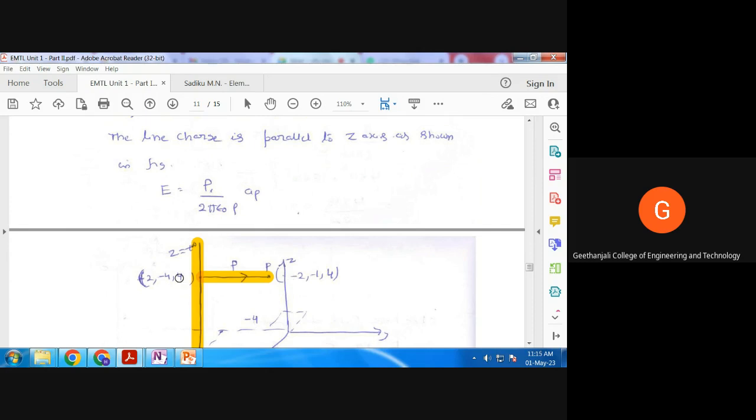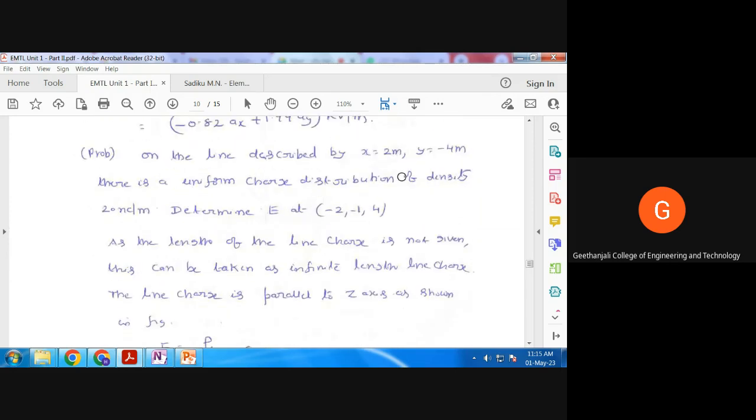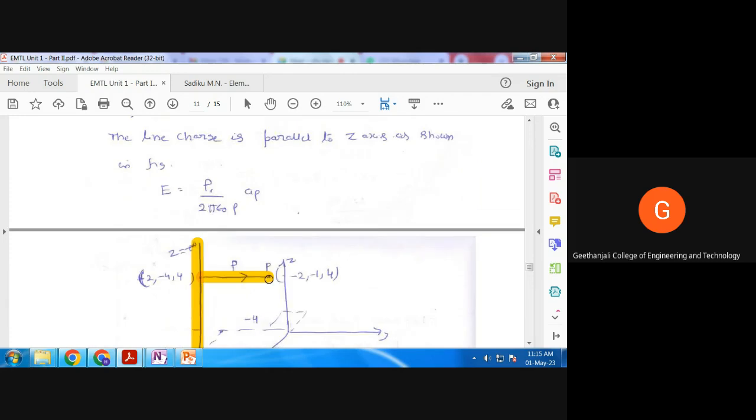So how do you get the coordinates of this point? Because the line charge is obtained as the intersection of x is equal to 2 and y is equal to minus 4, every point along this line charge has a constant x coordinate 2 and a constant y coordinate minus 4.